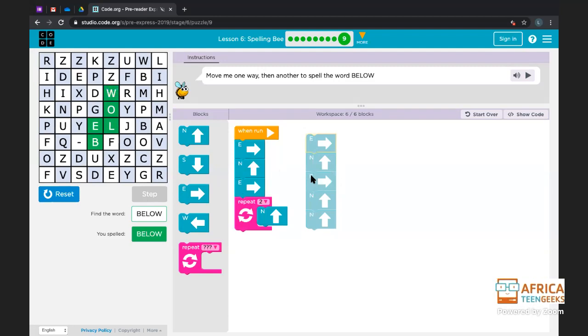So it doesn't matter which way you chose to write the code. You will still be correct if you've written it either this way or this way. There isn't a wrong or a right answer.